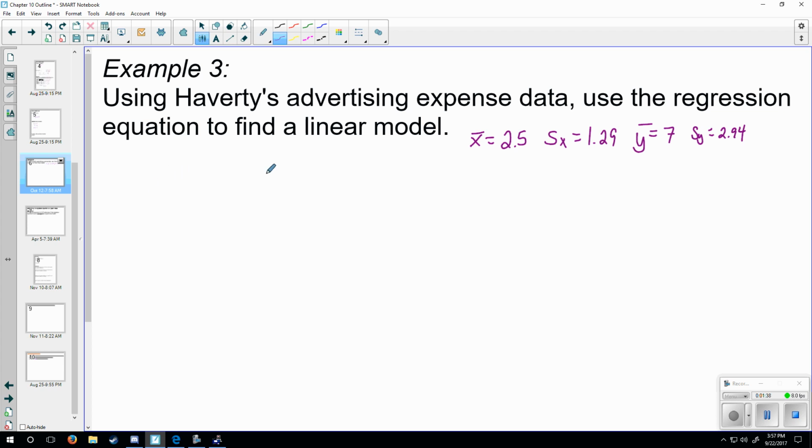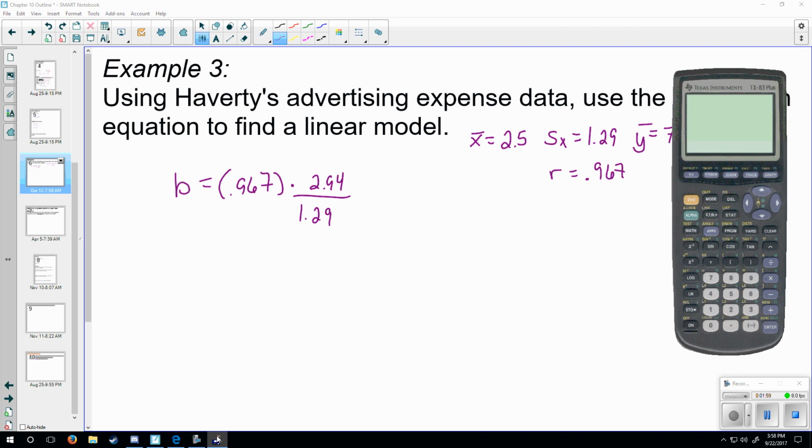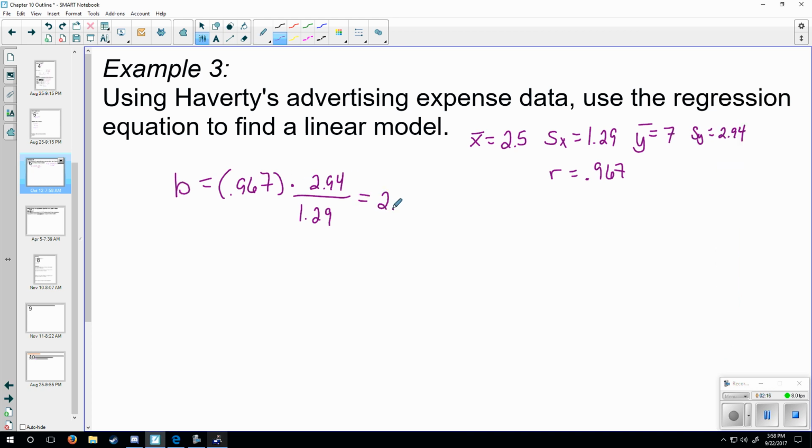Well, we know that our correlation coefficient was equal to 0.967, so that will allow us to find b. b is equal to 0.967 times the standard deviation of y, 2.94, divided by the standard deviation of x, 1.29, which gives us 2.203, or just 2.2 to keep it simple for now.